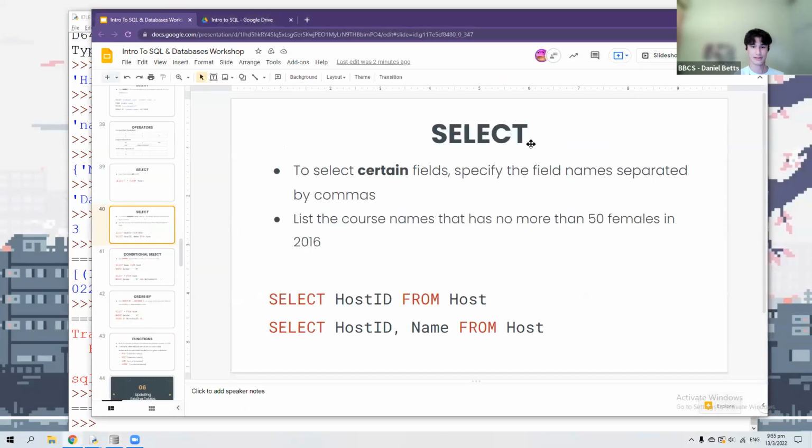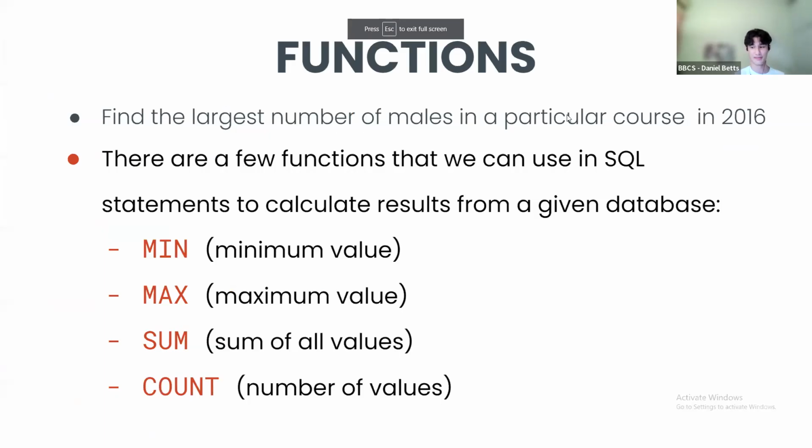So I'll go back to this question. Oh, where is it? Here. And I'll let you guys try to find the largest number of males in the course in 2016. So I'll give you guys around 1 minute and I'll go through it.